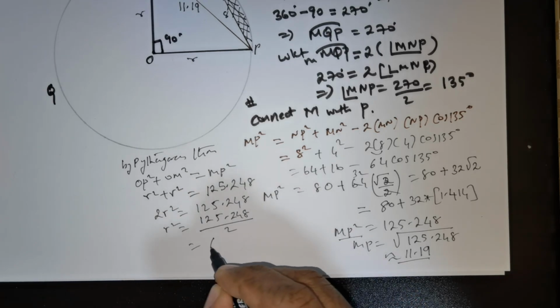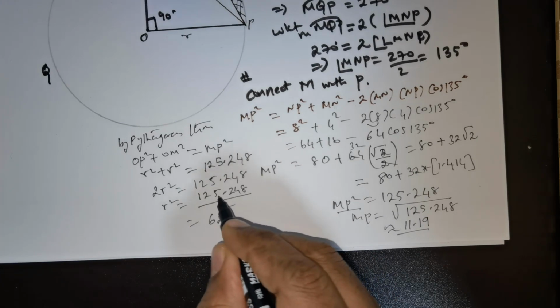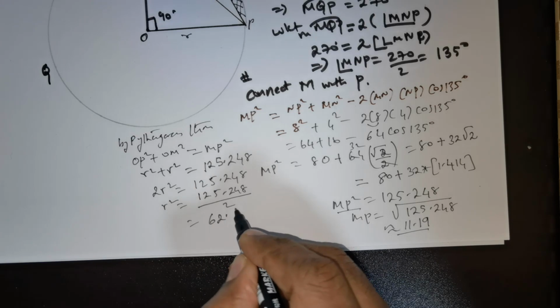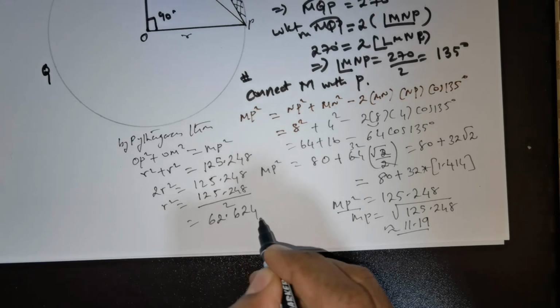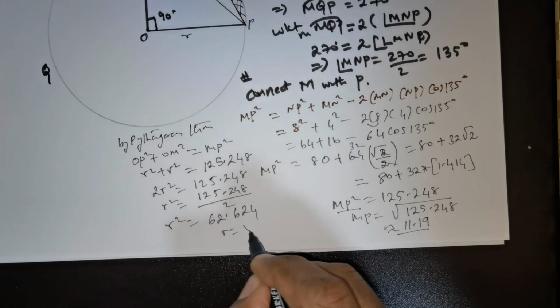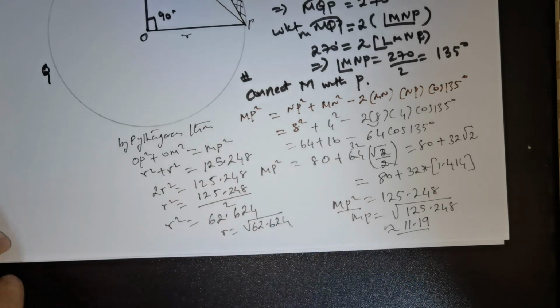This is 2 times 6 is 12. Then I have 5, 2 2s are 4, and carry 1. I have a 6 and a 2 and a 4. This is my r squared. Therefore r is equal to root of 62.624.